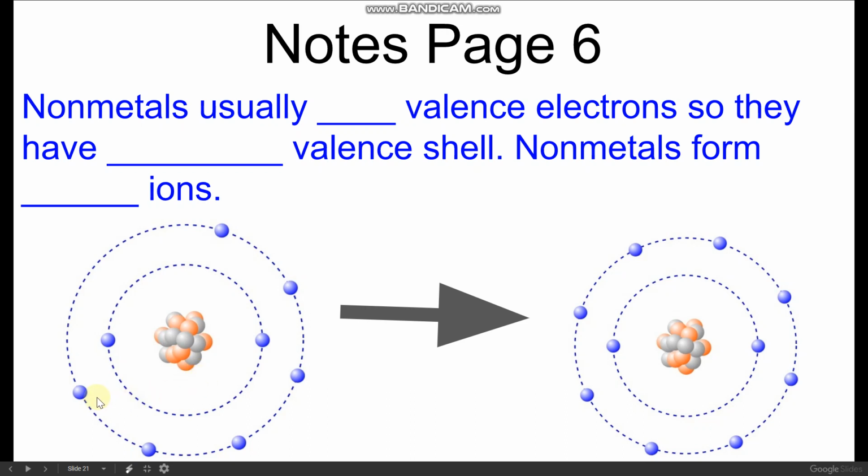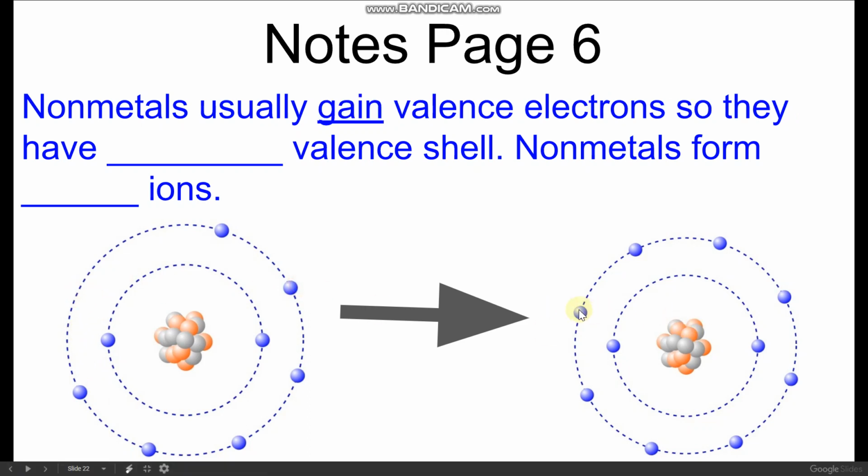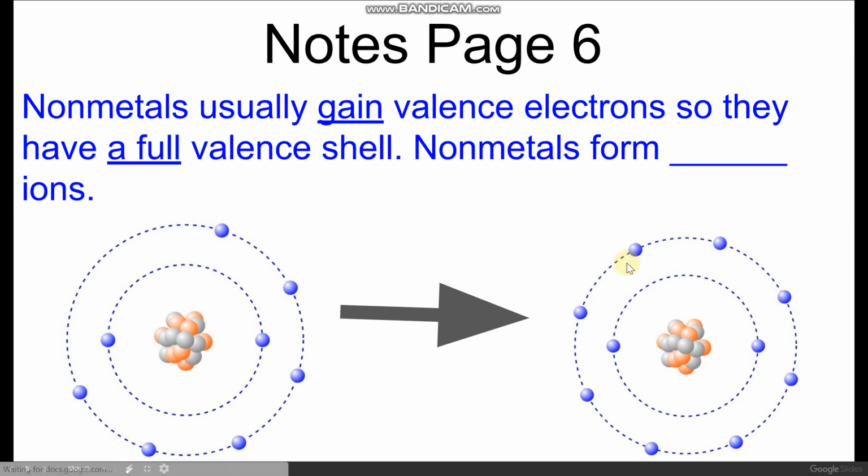And so remember that these nonmetals will usually gain electrons. Here this oxygen gained 1, 2 valence electrons, so that they can have a full valence shell, right? So we can see here that this orbital is full of electrons.